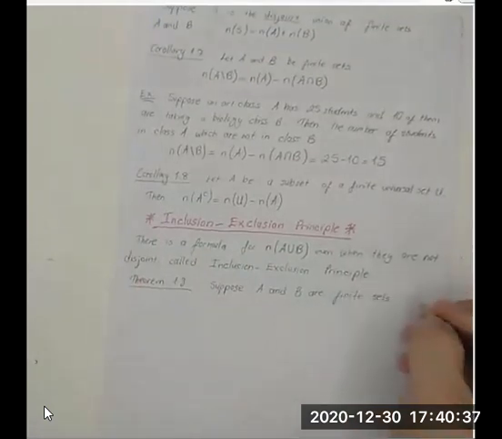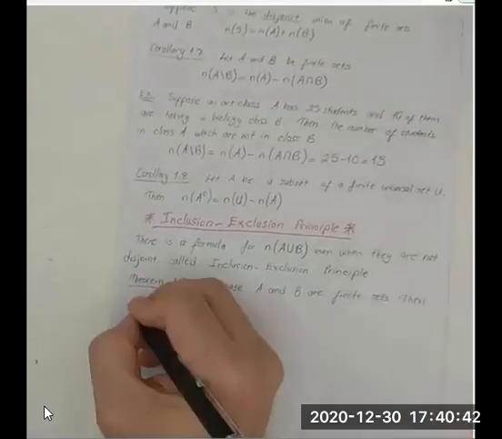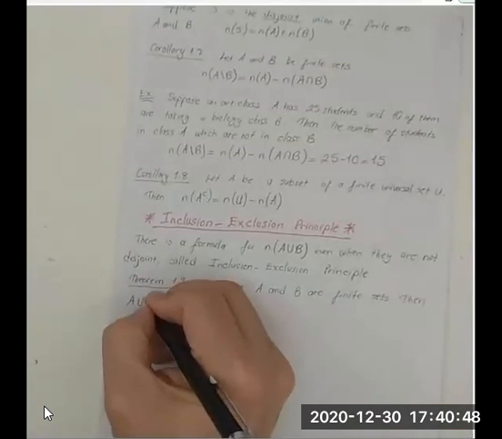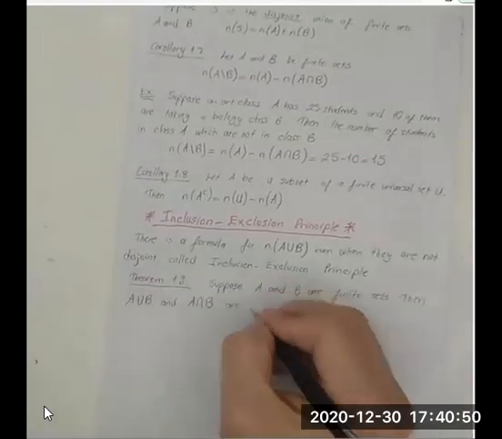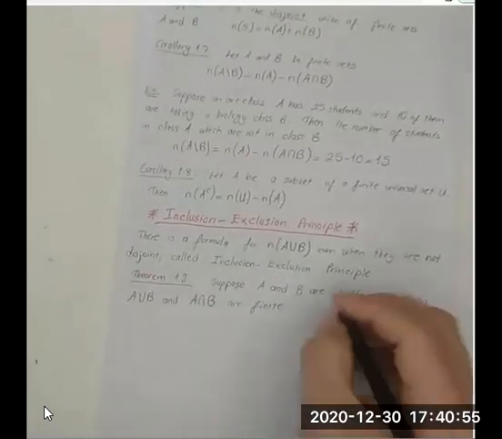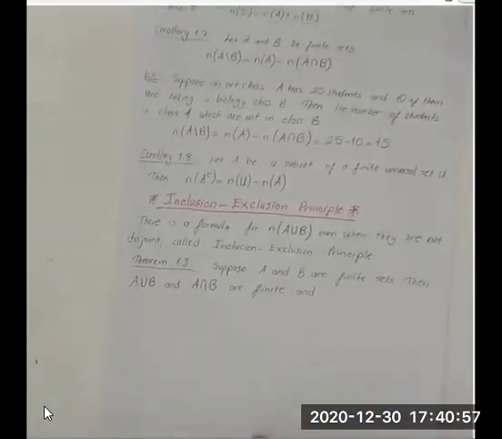Then A union B and A intersection B are finite.